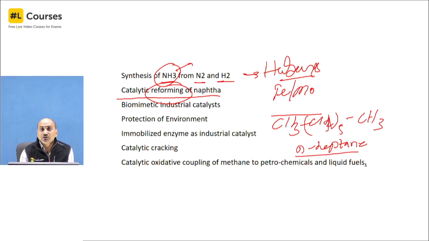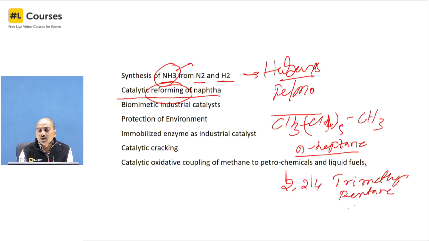Now the petroleum which we are using as gasoline is called 2,2,4-trimethylpentane. This is the IUPAC name of your petrol, which is also called isooctane, which is very similar to your n-heptane. Now if I use n-heptane, there is a problem for the engine.